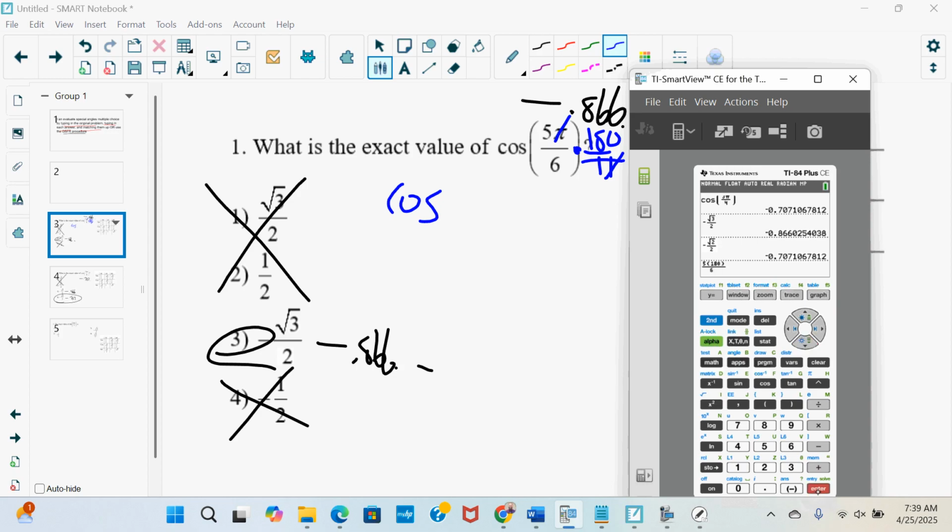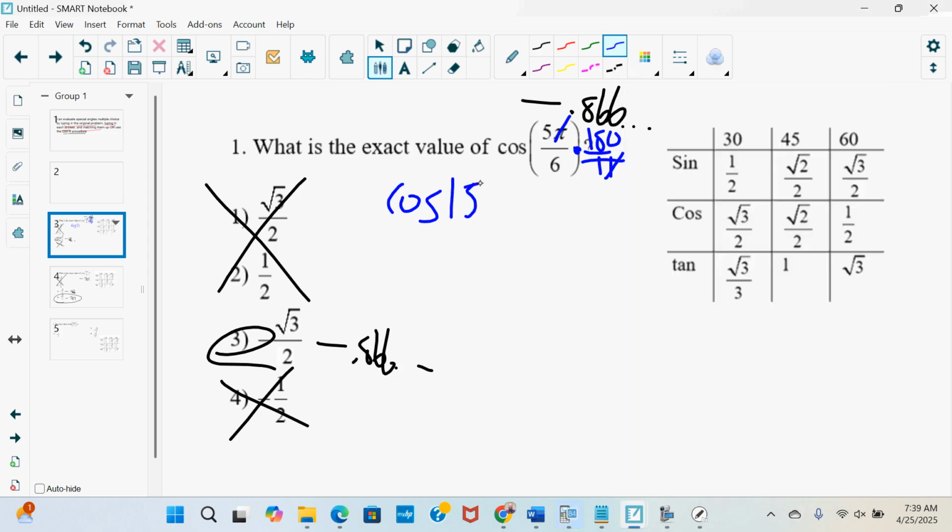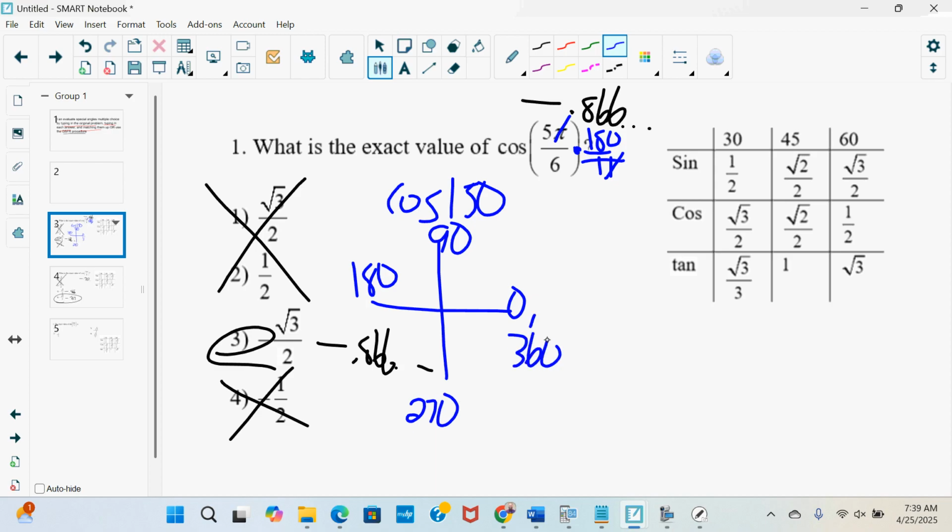Whenever you see radians in this course, I suggest you just convert to degrees. I'm going to sketch 150 on the grid: 0, 90, 180, 270, 360. 150 is between 90 and 180, a little bit closer to 180. The reference angle is always the acute angle formed with the x-axis. My reference angle is 30.